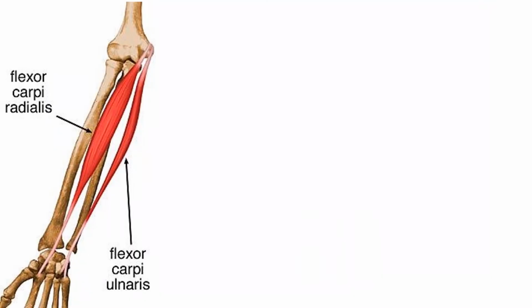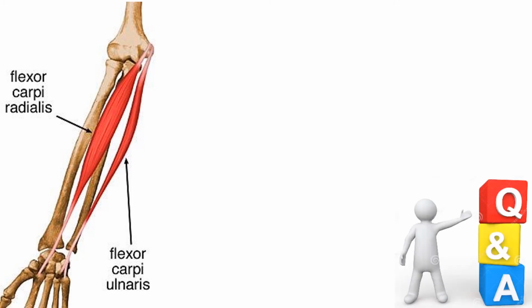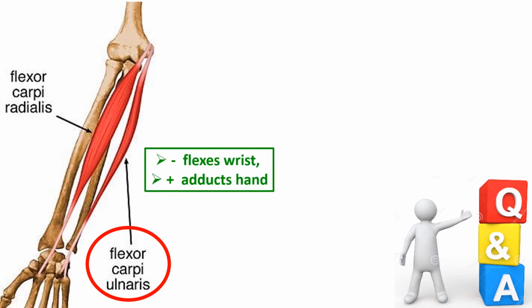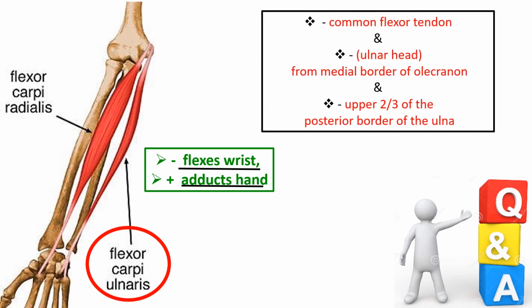Now let's collect and summarize our information of flexor carpi ulnaris by asking ourselves a few questions. So we are going to summarize the flexor carpi ulnaris. What does it do? It flexes the wrist and adducts the hand, as we have seen in the previous image. And from where is it coming? It's coming from the common flexor tendon.